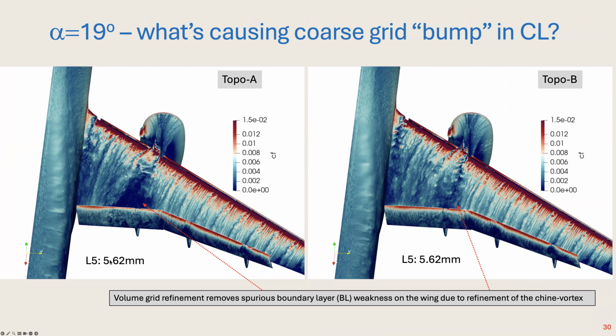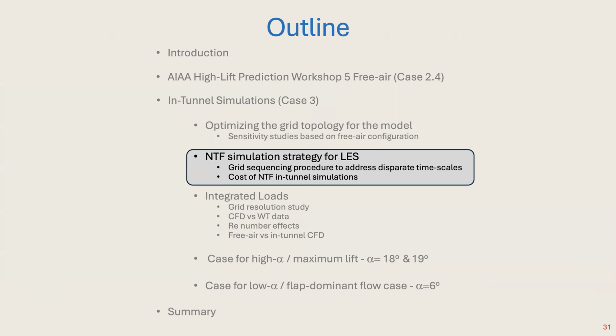The volume grid refinement removes this spurious boundary layer, and then the finer grid on the chine vortex actually controls it, and that's actually a much better improvement if you want to continue this. And then the other thing is the NTF simulation.